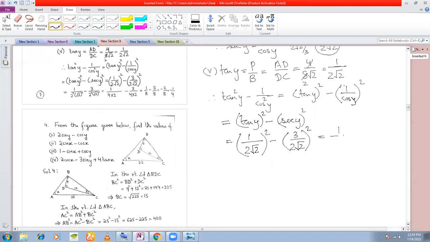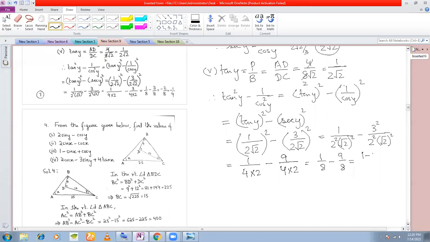So this is 1 by 2 square into root 2 square, minus 3 square by 2 square into root 2 square, which is equal to 1 by 4 into 2. 2 square is 4 and root 2 square is 2, minus 9 by 4 into 2, which is equal to 1 by 8 minus 9 by 8.